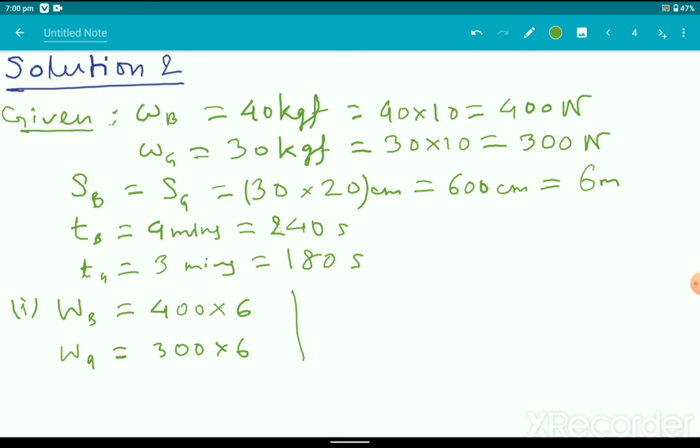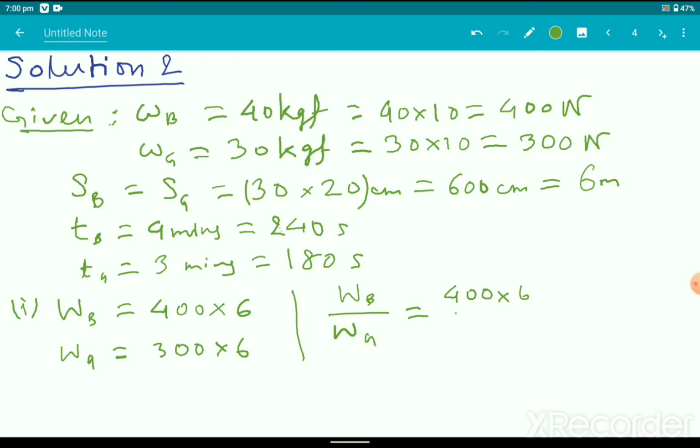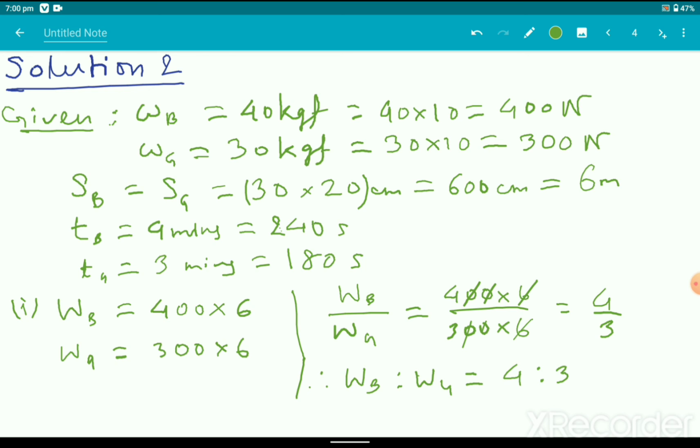Hence we can write the ratio of the work done by the boy to the girl equals 400 into 6 by 300 into 6. So 6 cuts out, and 2 zeros also cancel out. The ratio turns out to be 4:3. Hence work done by the boy is to work done by the girl is 4:3.